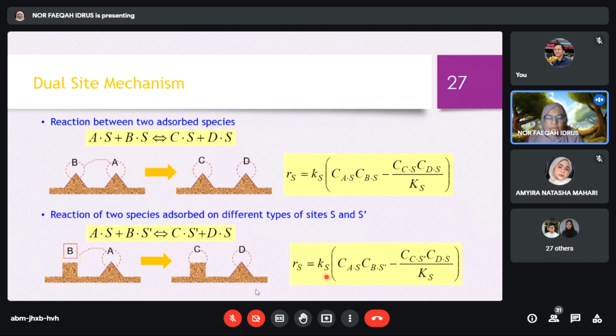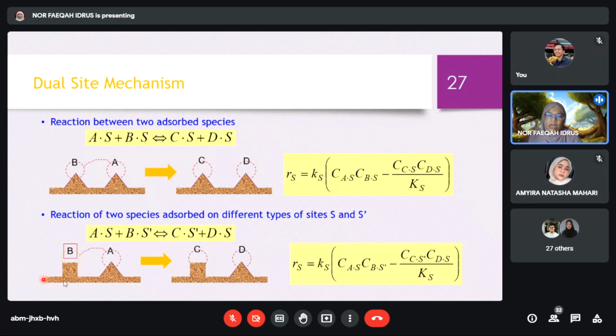Okay, and another example of dual site mechanism, again still for the two adsorbed species, reaction of two species adsorbed on different type of site S and S apostrophe. So kalau apa bezanya? If you look at the diagram, the shape of catalyst ataupun the shape of active site is different.